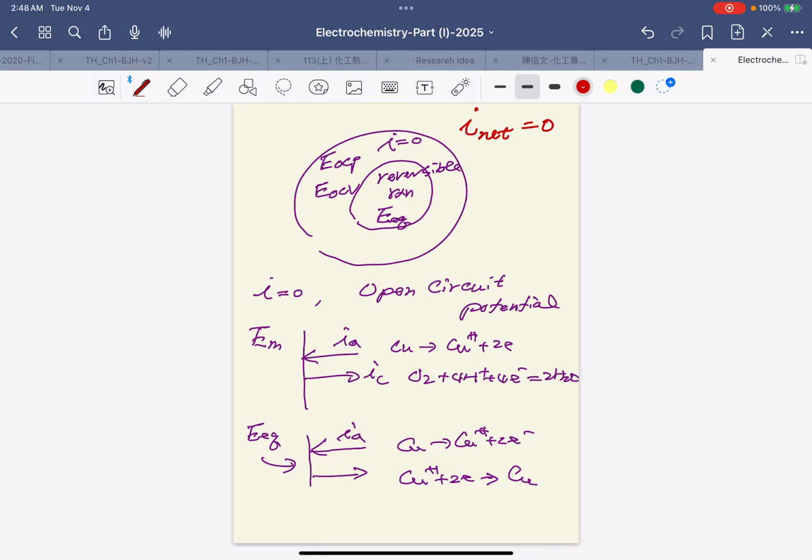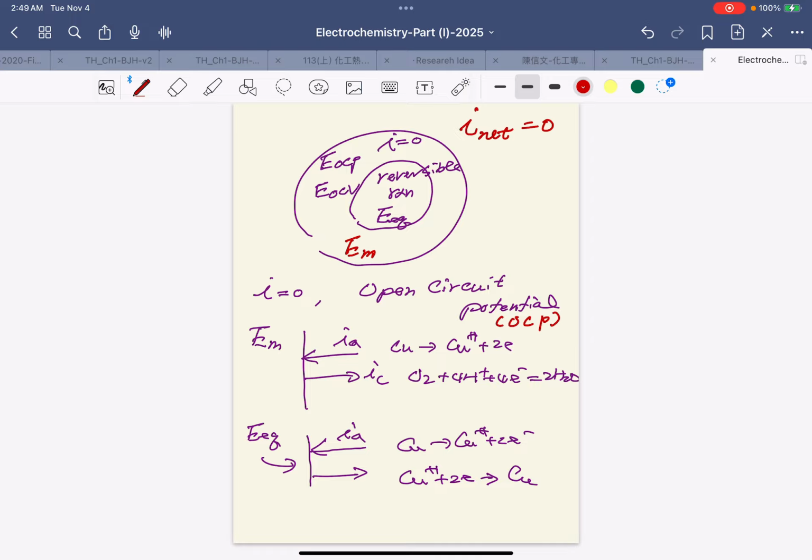But for this E mix we mentioned, or for the OCP, open circuit potential, or OCV, open circuit voltage.